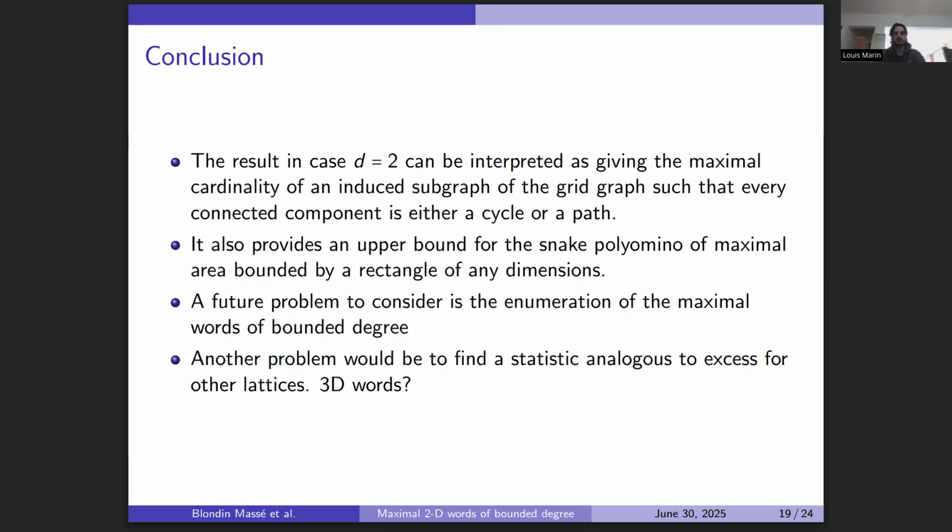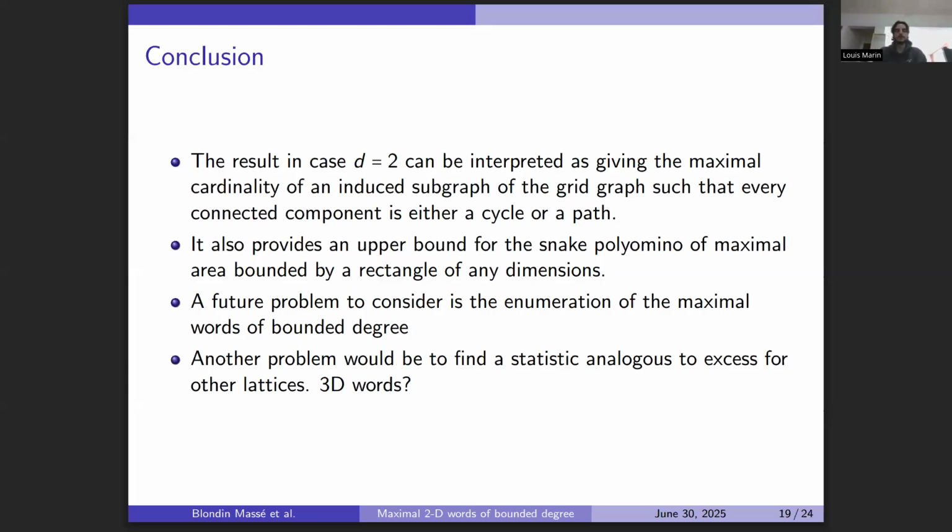There was also a notion of a certain ratio that periodically goes around, depending on the congruence of the dimensions. So for a 3D word, what would the statistic be? Would it depend on the degree? This is a problem to look at.